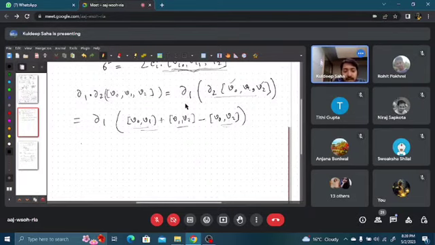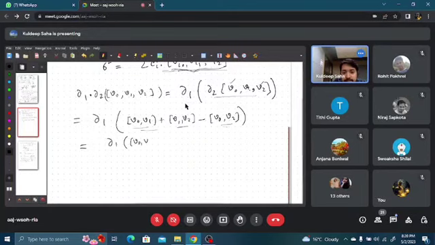Very good. Now by distributiveness we know that this is the same as delta 1 of V0 V1, plus delta 1 of V1 V2, minus delta 1 of V0 V2. So what are these images?